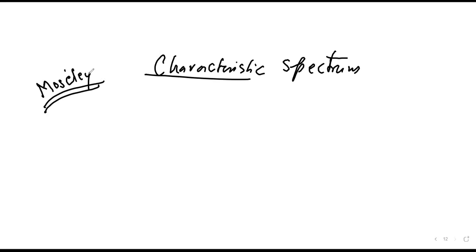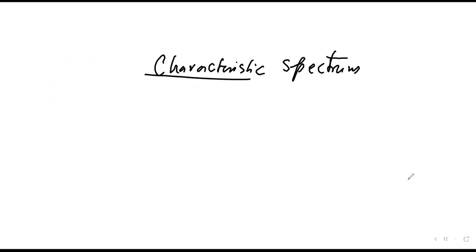I think he was killed in the war at the very young age of about 30 years. If he hadn't died in that war, he would have discovered many new modern physics theories. He died young because he was very interested in fighting the war. Anyway, we will see what is the theory or formula that he has given us. Characteristic spectrum.